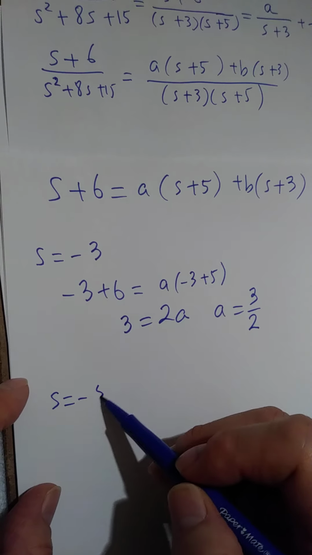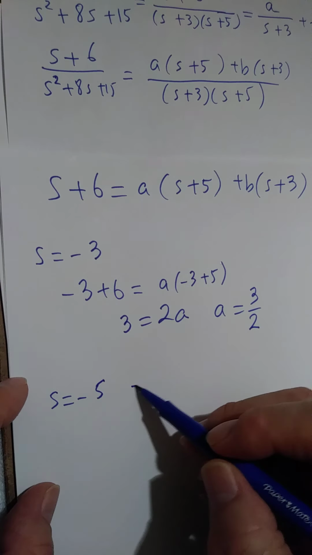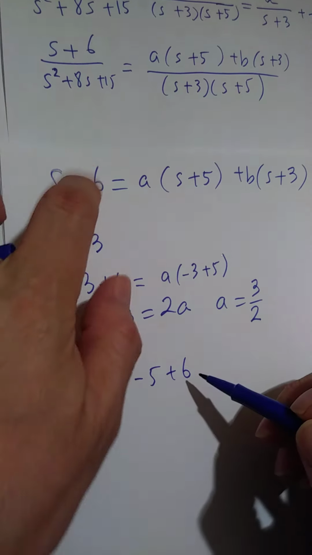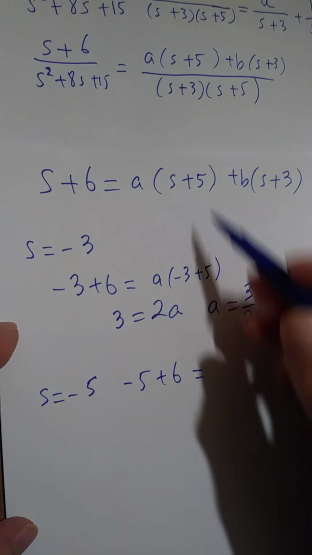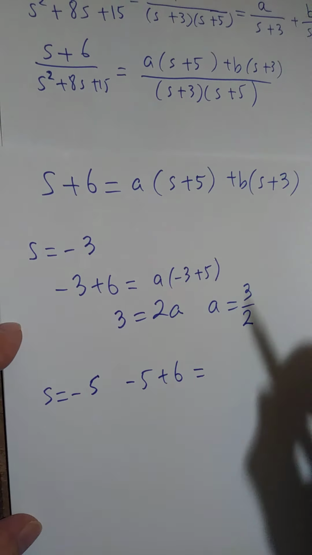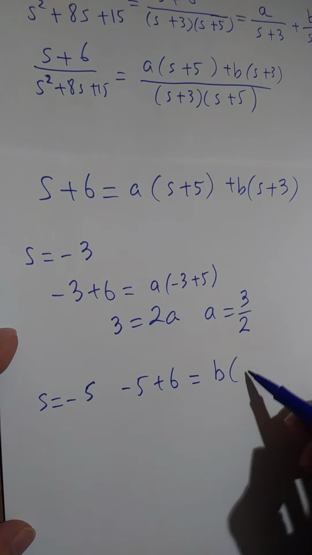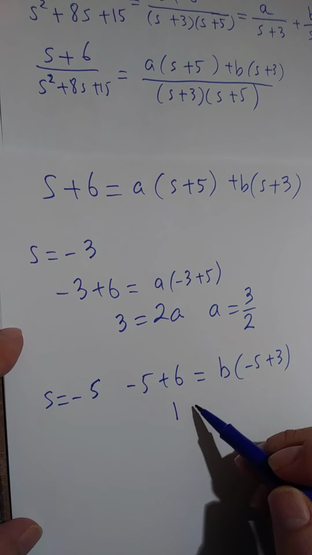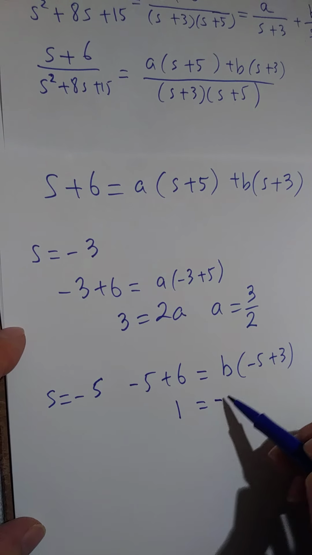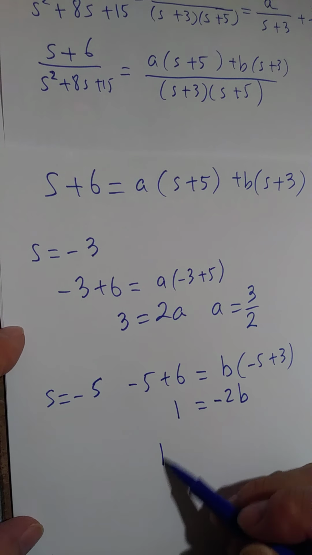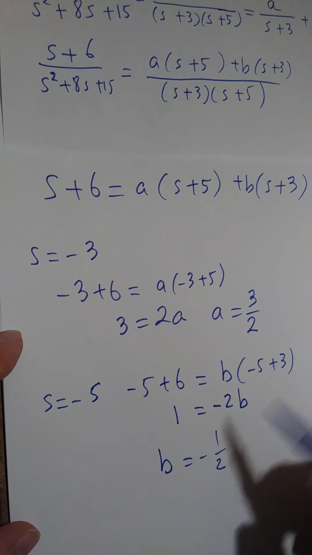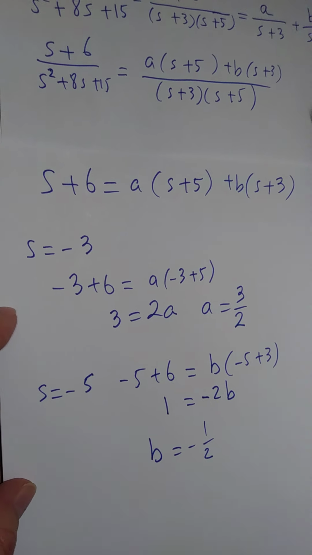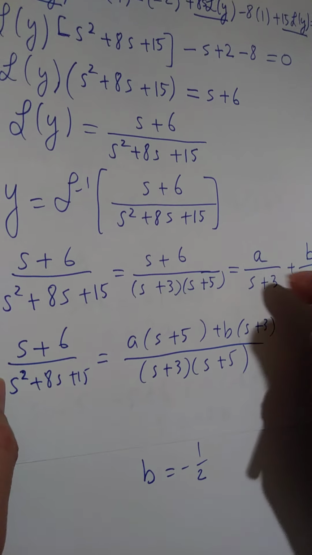Take s equals minus 5. So that will give us minus 5 plus 6 equals 0, since minus 5 plus 5 is 0, plus b times negative 5 plus 3. 1 equals minus 2b. So b equals minus a half. Put these back in the partial fractions right here.